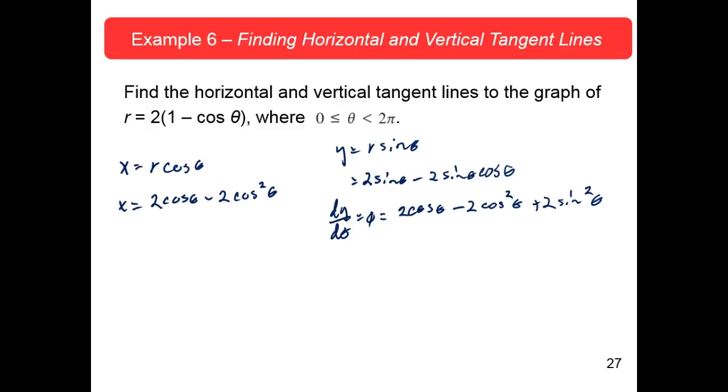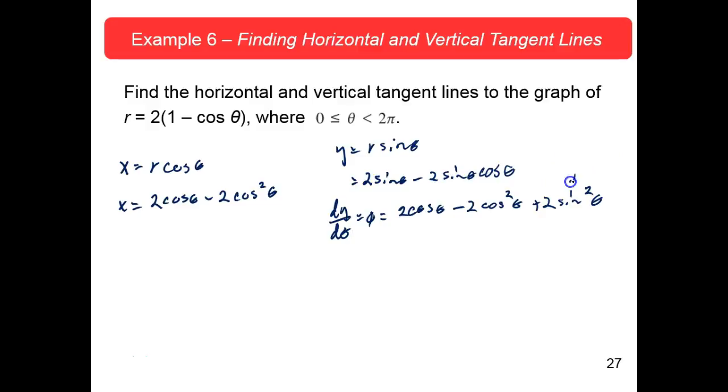So how could we get either one of those into the other? What would be the easiest way? Say again? 2 cosine theta minus 2. Okay, that's factoring out a cosine theta, and the cosine theta is squared. Plus sine squared.